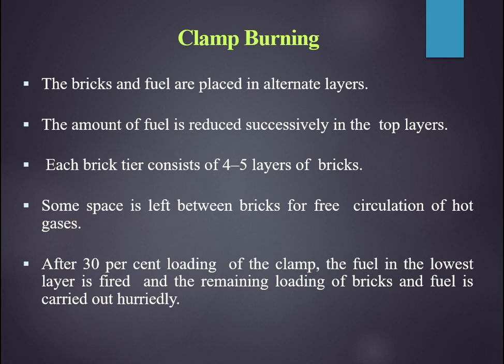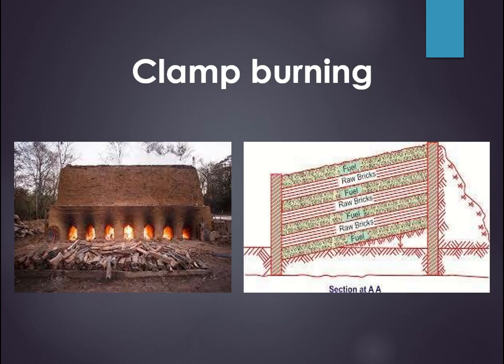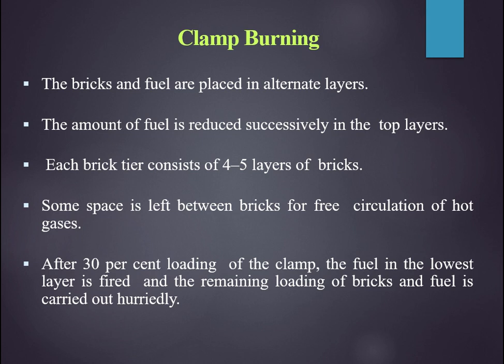If you see the second diagram, there is fuel, and then you have raw bricks; this complete set of raw bricks is called the first tier. Again you have fuel, and again a second tier of raw bricks. In the first tier, we generally place 4 to 5 layers of bricks, and some space is left in between the bricks for circulation of hot gases.